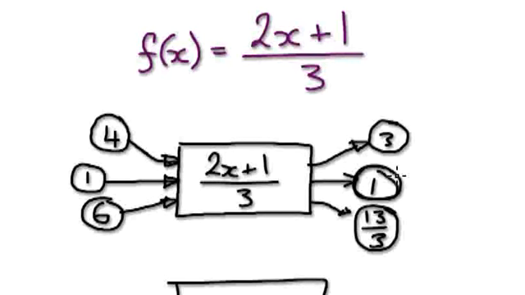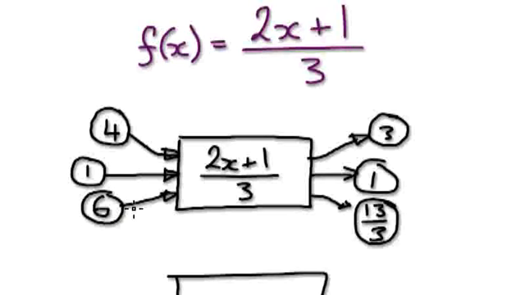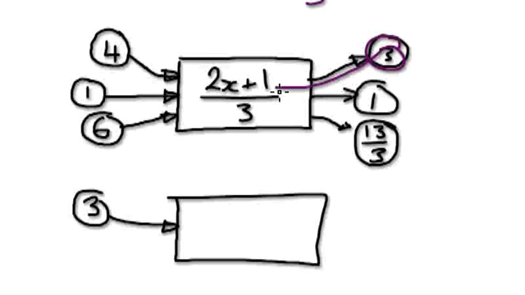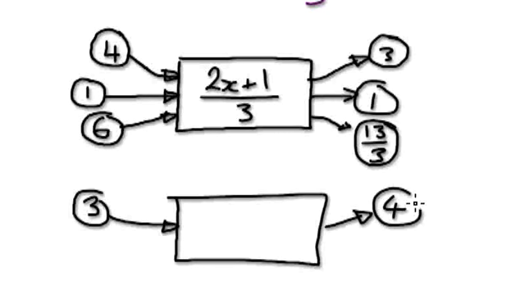You put a number back in, and somehow it spits out the original number. So you've got to invent whatever goes here, so that when you put the number 3 in, you get the number 4. If you put in the number 3, it should spit out the number 4.